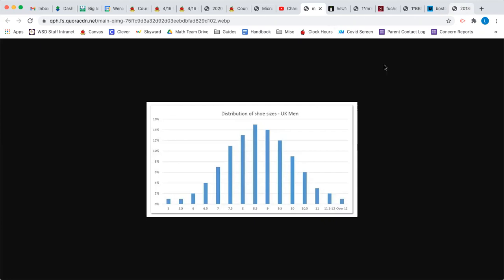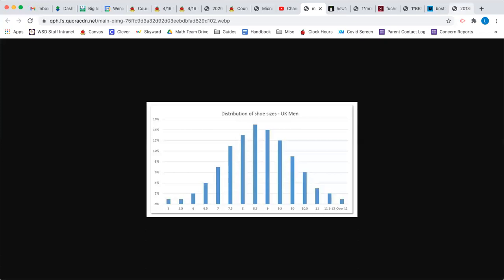So for the symmetric distribution here, we would use the mean and the standard deviation to represent the data set in terms of center and spread. The median, mode, and mean of a symmetric distribution like this are all going to be pretty much the same. So we'd expect all of them to be at or around 8.5 there, since it's the highest data point.